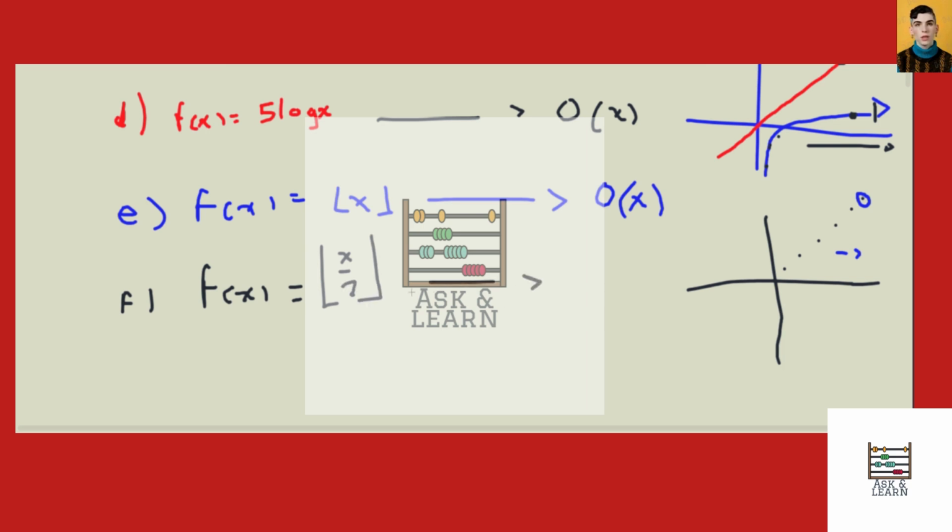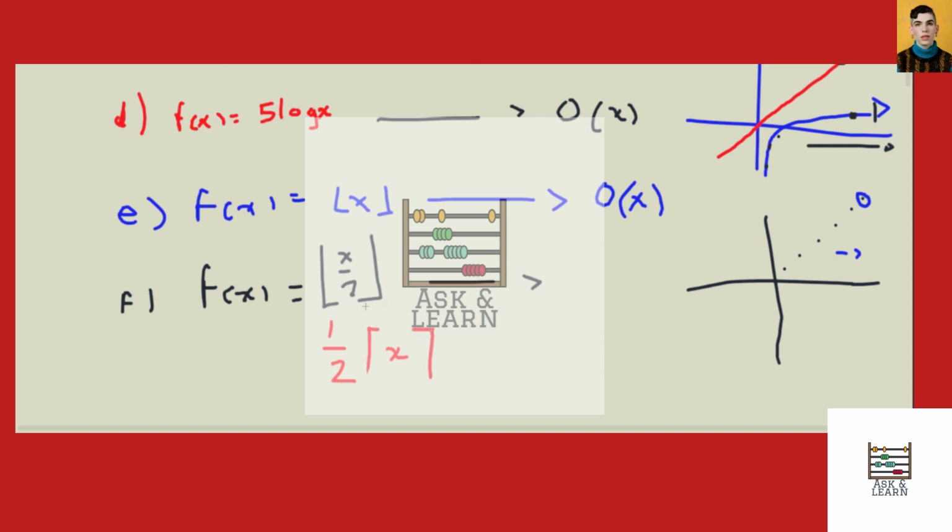We can use the same principles that we've learned. Floor of x over 2 is the same thing as 1/2 floor x. Oh, sorry, this is a ceiling function. Doesn't really matter, but just for consistency. Okay, so this is a ceiling function, but same thing.